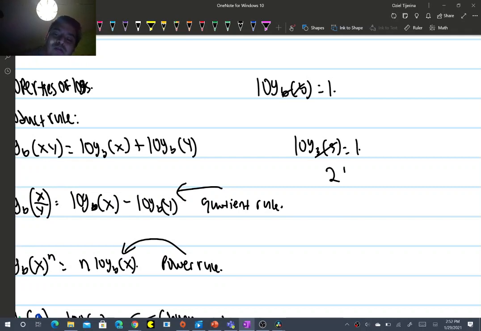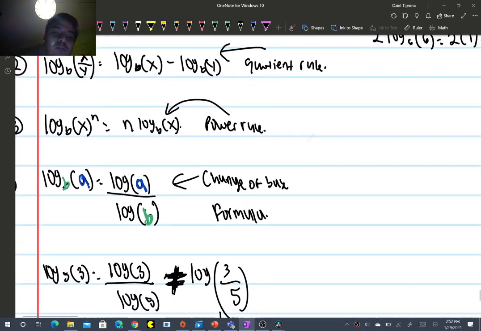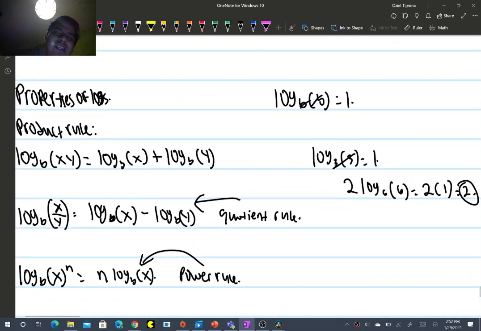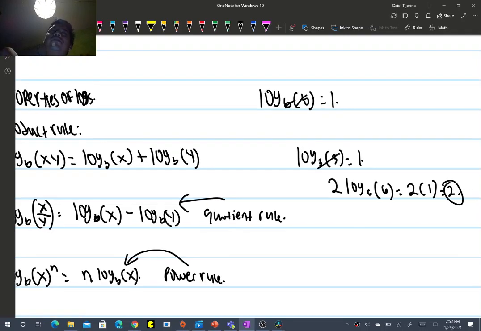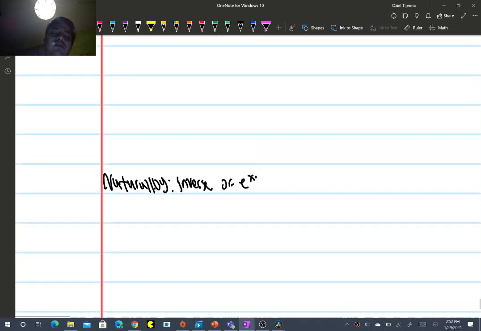If I say 2 log base 6 of 6, this is just 2 times 1, which is 2, okay? I think it's the constant rule. I'm not sure, though, but that's how it works.